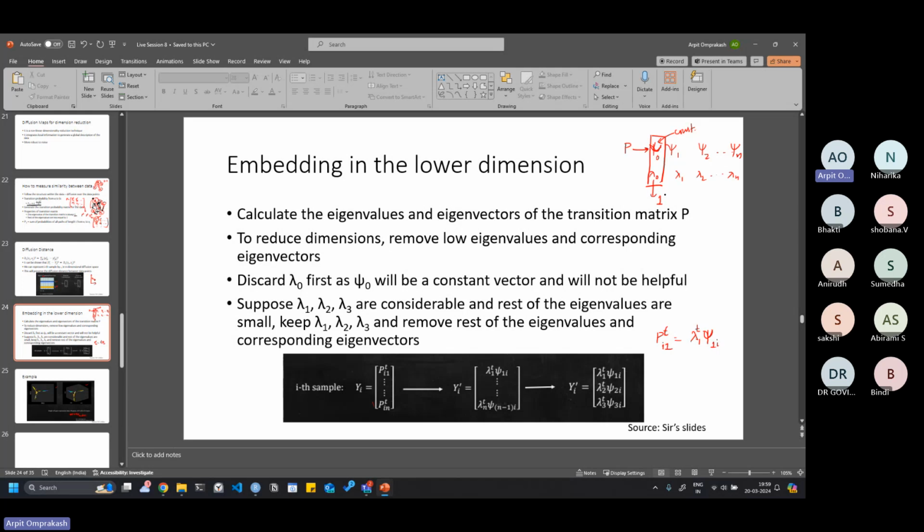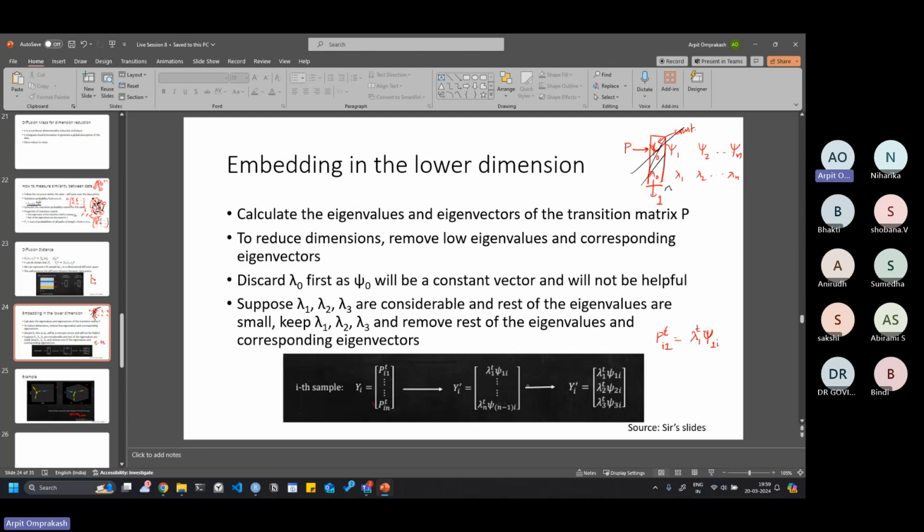As I mentioned before, this probability transition matrix has interesting properties. The first eigenvalue is 1, and the eigenvector that we get is a constant eigenvector that we are not interested in. So we can discard it, lambda 0 and psi 0. So we reduce one dimension, and now we have n minus 1 dimensions.